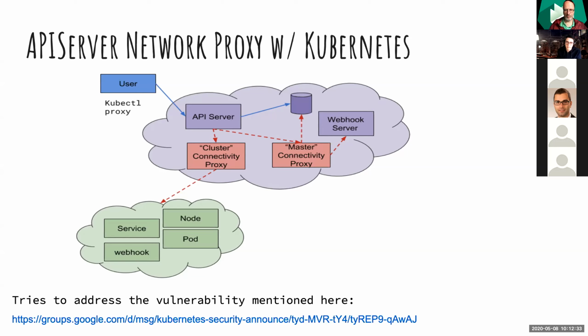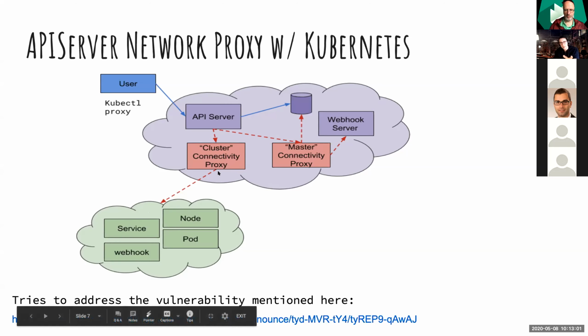As a side effect of that component, it has this feature of allowing us to invert the tunnel direction. And as you can see here, there are 3 types of connections in the figure. There is the cluster connection, where the API server would like to talk to a cluster.